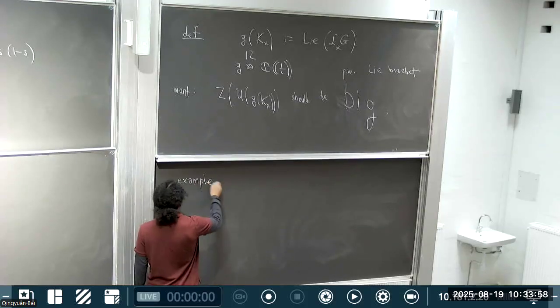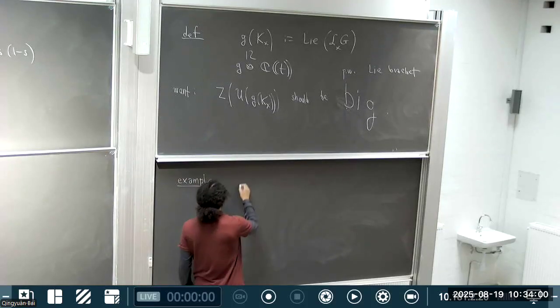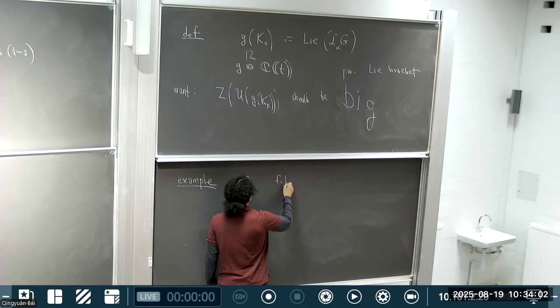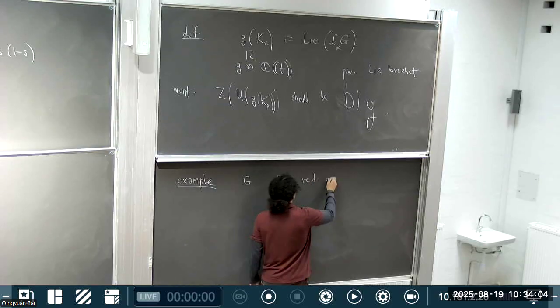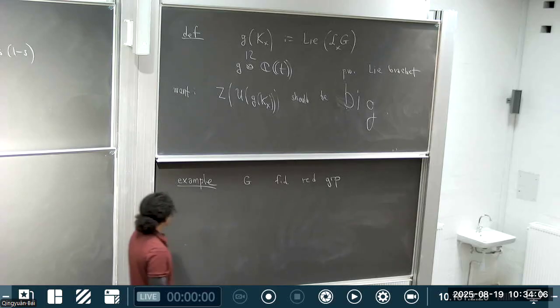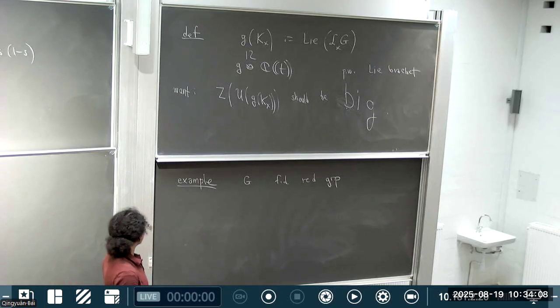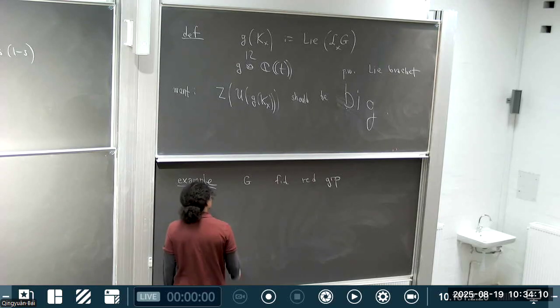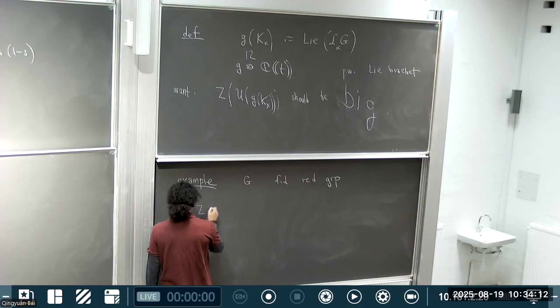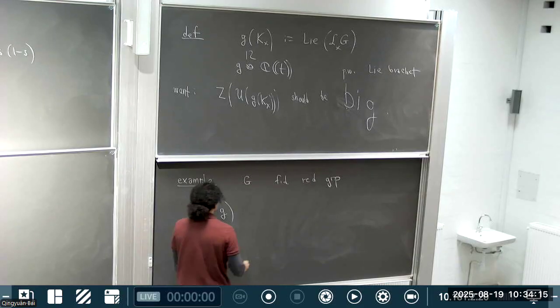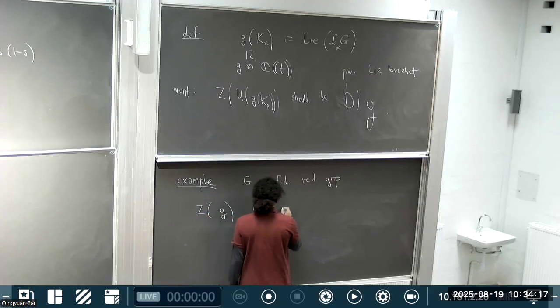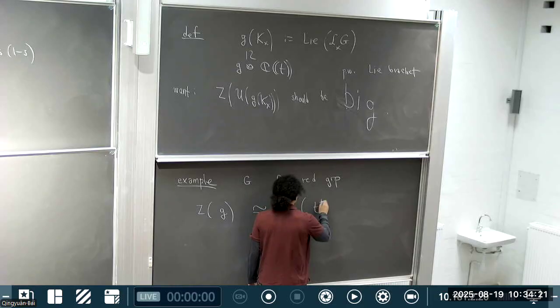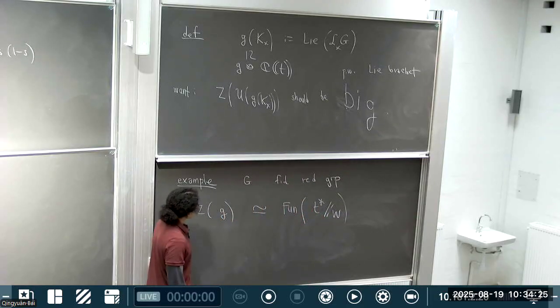Actually, before we even get to the example, let me recall that G here is just a finite dimensional Lie group. In this case, the center of the enveloping algebra for G, how big is it? It just looks like functions on the dual of the Cartan modulo the Weyl group.